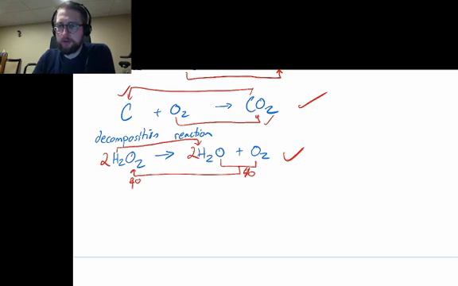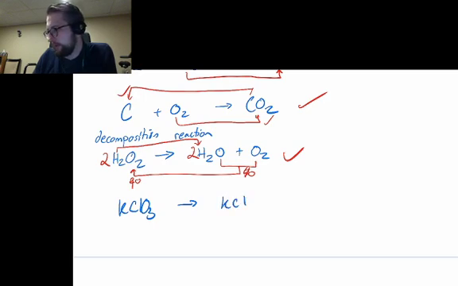Yeah, it's pretty similar, sort of boring. Boring, boring. I'm looking at a list of them. Oh yeah, okay, that looks at least a little bit interesting. Let's do potassium chlorate, which decomposes into potassium chloride plus oxygen gas.